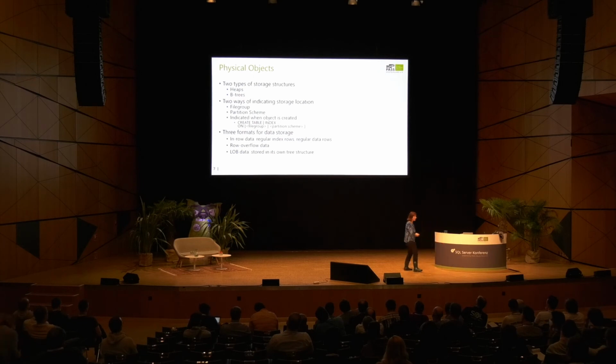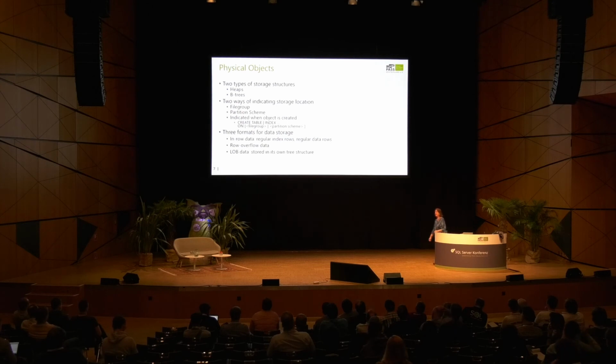If you want ordering with your data, you need to create an index, and indexes in SQL Server are stored as B trees. We're not going to be able to go into the details of B trees, but it's the alternative storage to a heap. Every table is either stored as a heap, or if you create a clustered index on it, the entire table is then stored as a B tree.